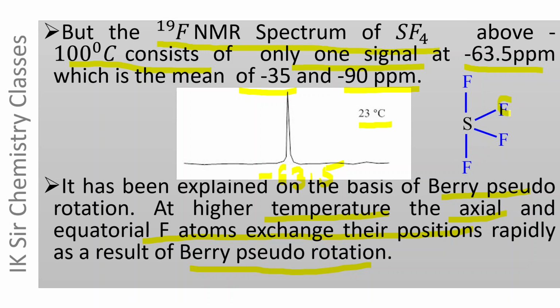This equatorial fluorine atom goes to the axial position, while this axial fluorine atom comes to the equatorial position, and this process takes place very rapidly. As a result, the equatorial and axial fluorine atoms become equivalent, and a single signal is obtained in the F-19 NMR spectrum of SF4 above minus 100 degrees centigrade.